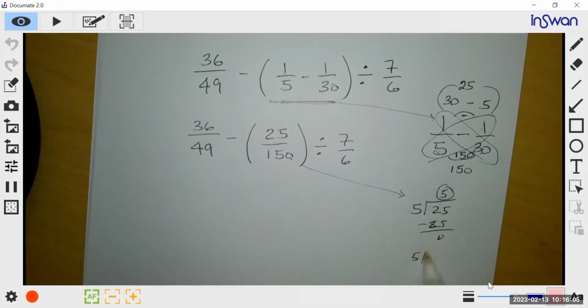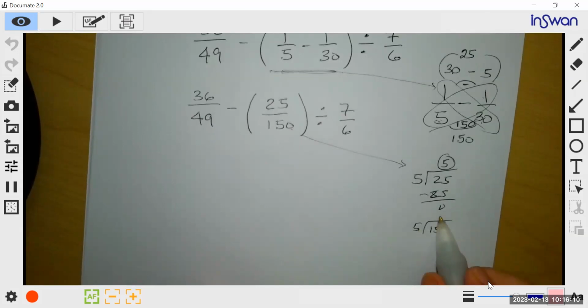How many times does 5 go into 150? 5 goes into 15 3 times, so 30 times.